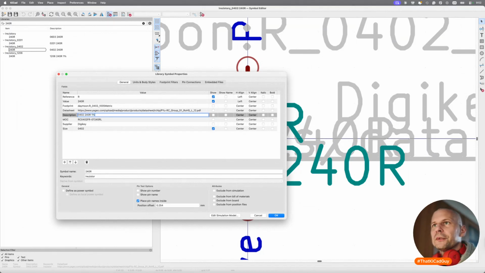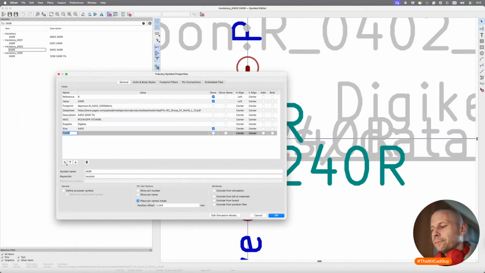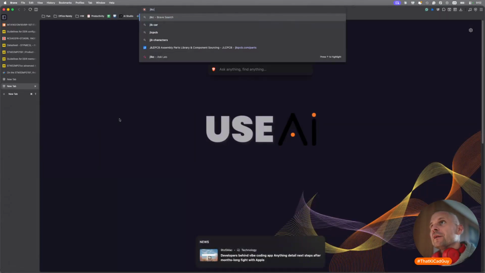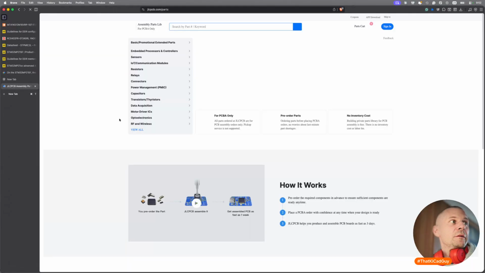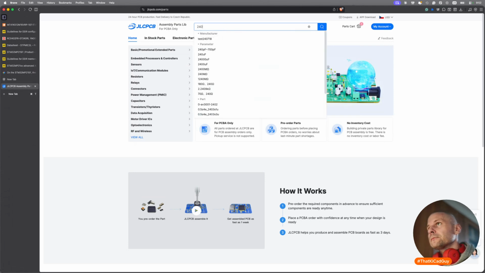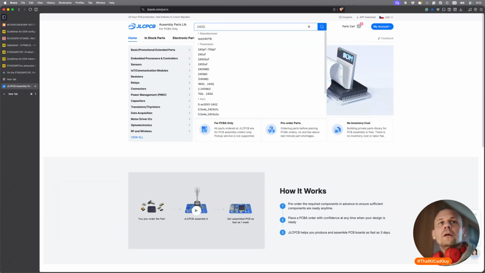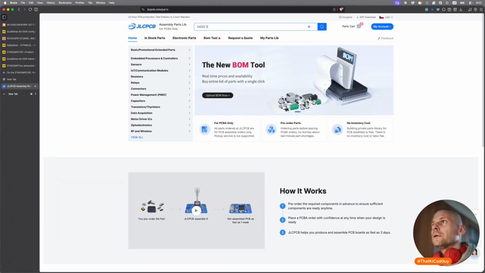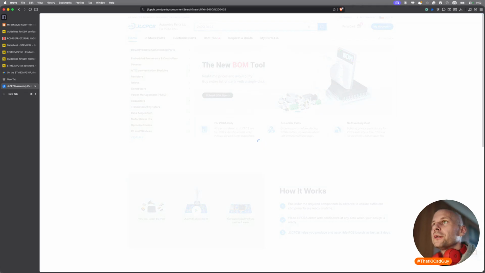So this is 1%, and as you know, every time I touch a component that doesn't have a GLC code, I have to edit it.